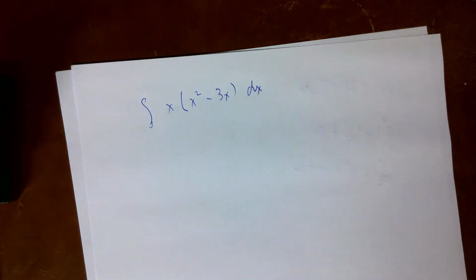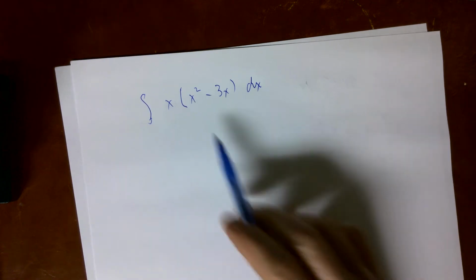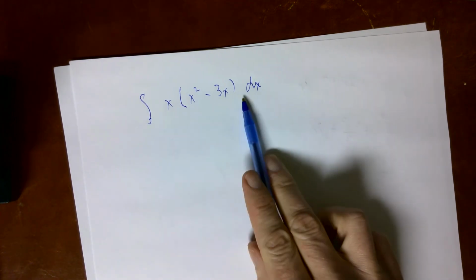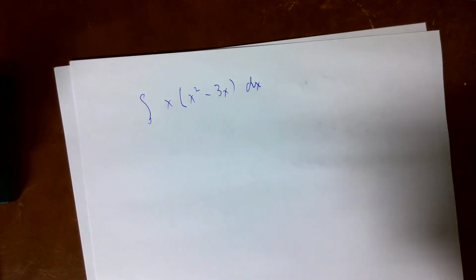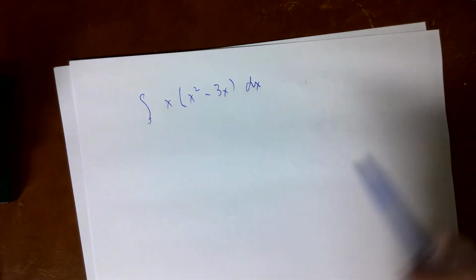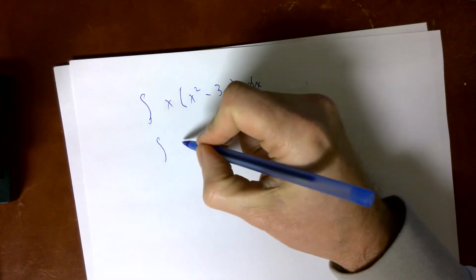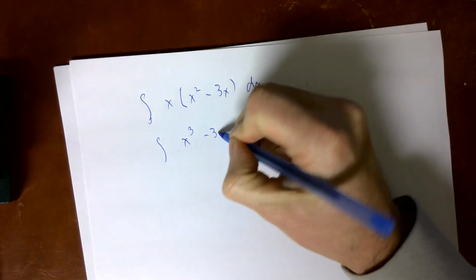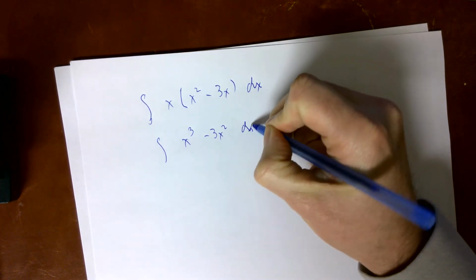So how do you take the antiderivative of this? First, you don't know a product rule, and you will never know a product rule, so you can't take an antiderivative of it looking like this. So just like we did with derivatives, we want to do this term by term, so I'm going to multiply it out. So that's going to give me the antiderivative of x cubed minus 3x squared dx.